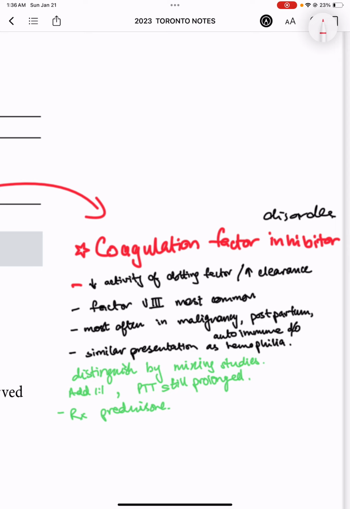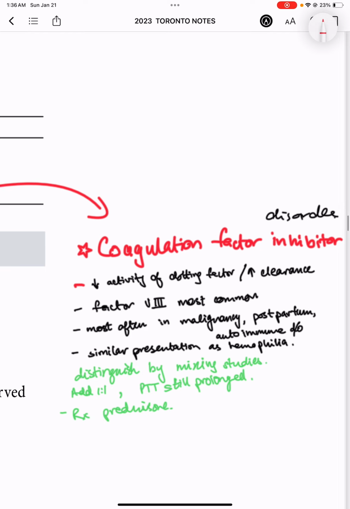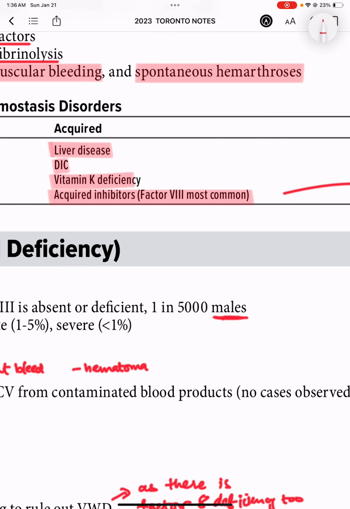So we have a little note about coagulation factor inhibitors, especially against factor 8. There is a decrease in the activity of the clotting factor, or it might increase the clearance of that clotting factor. Factor 8 is the most common one which has an inhibitor against it. These are acquired: we acquire liver disease, we acquire vitamin K deficiency.